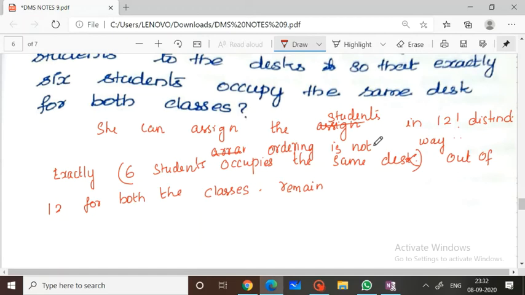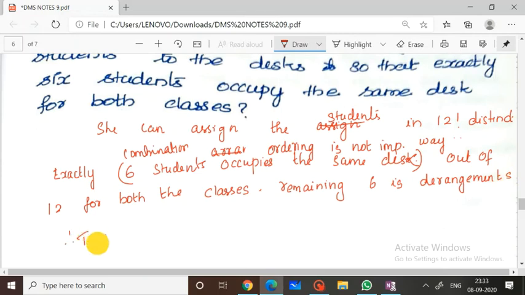Since the ordering is not important, we consider here a combination. And out of the 12 for both the classes, the remaining 6 students are considered as a derangement. So 6 is considered as a combination and the remaining 6 is considered as the derangement.